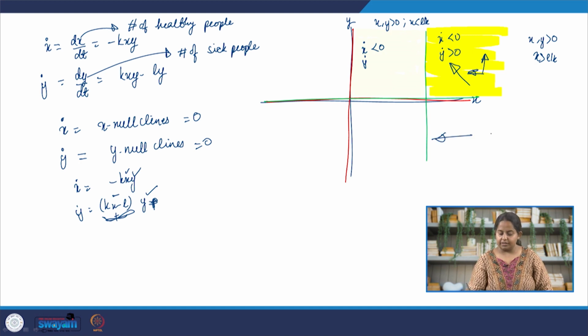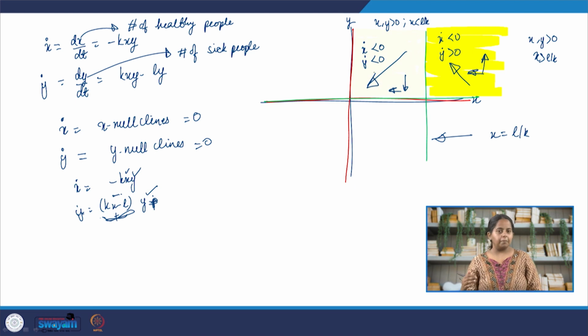Remember, this line is x is equal to L by k. So now we have a y derivative that is a product of a minus and a positive factor. So y derivative is also reducing. So net flow is x is going down, x is going towards left, y is going down. So the net flow that we see is in this direction.